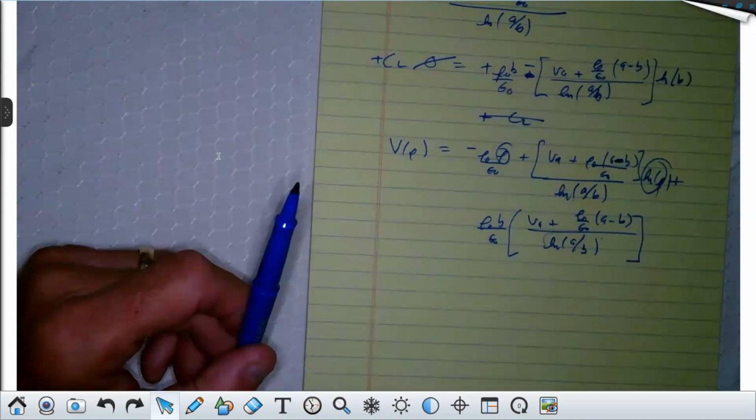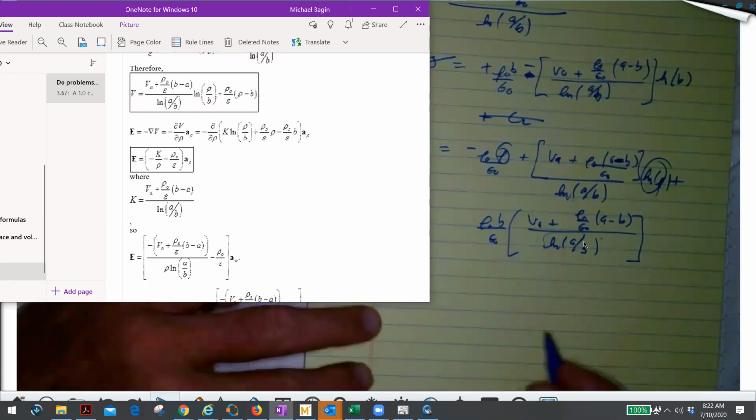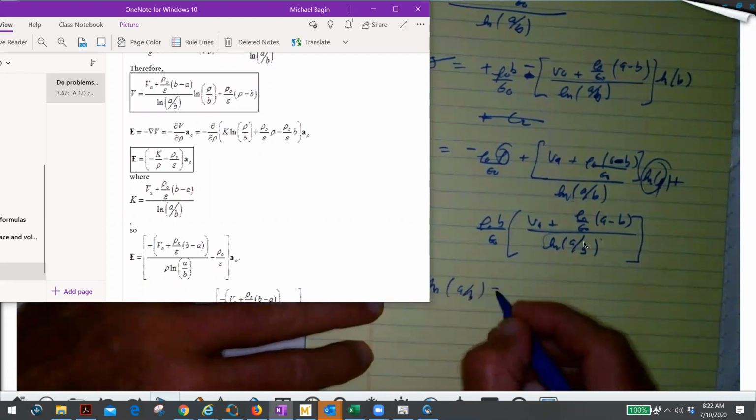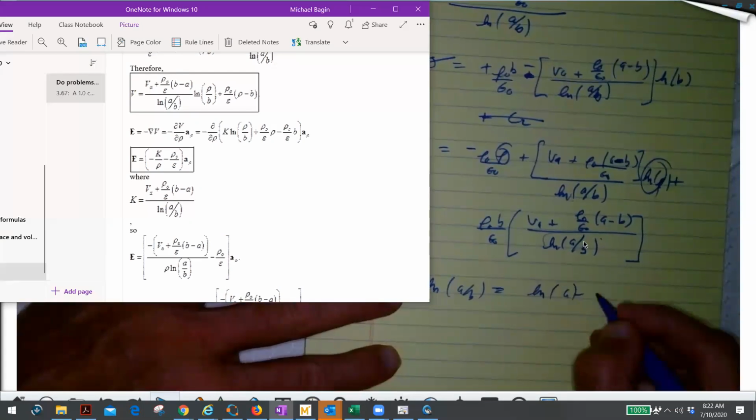And then here's log rho by itself, but he has to divide by B. So let's see. If I flip this, if I have natural log of A over B, that's really equal to the log of A minus the log of B, right?